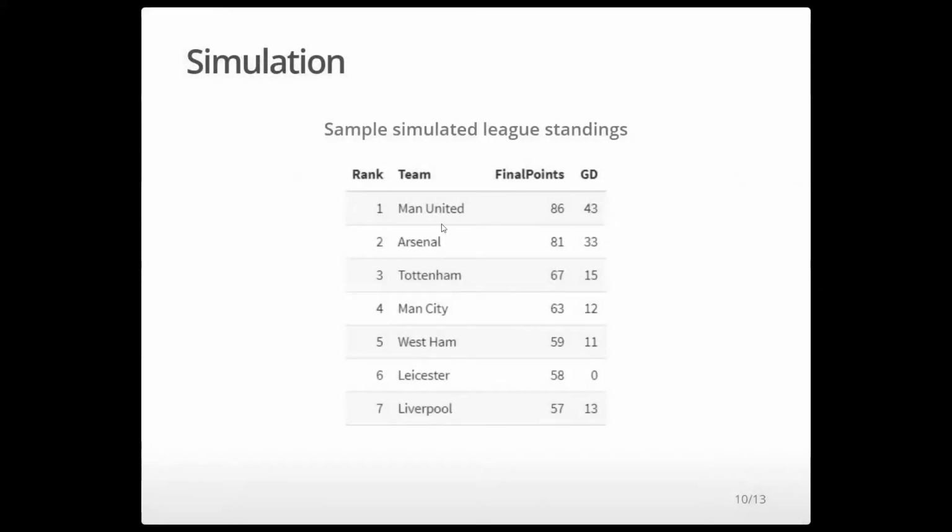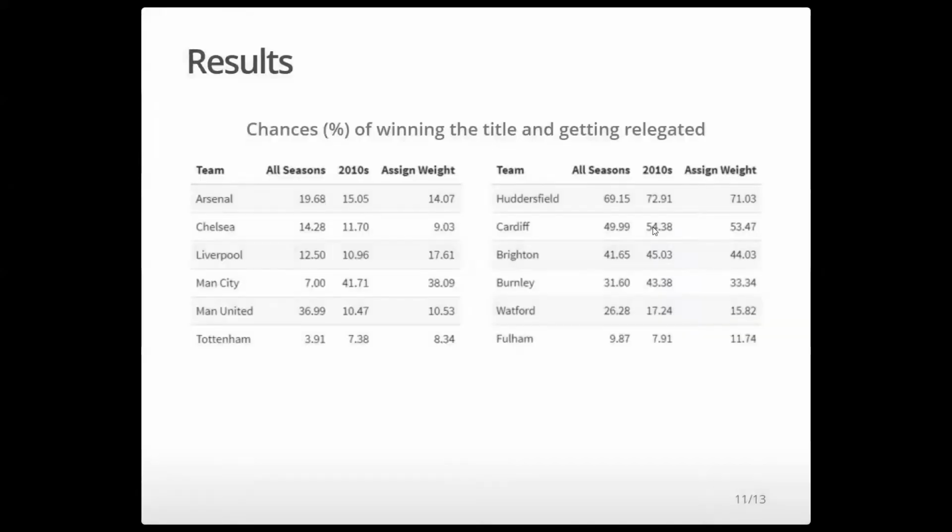Here is a sample simulated league season table out of the 10,000 that we got from our simulations. We got a bunch of results, of course, and I picked these two tables. Those are the chances of winning the title and getting relegated after the 2018-19 season.